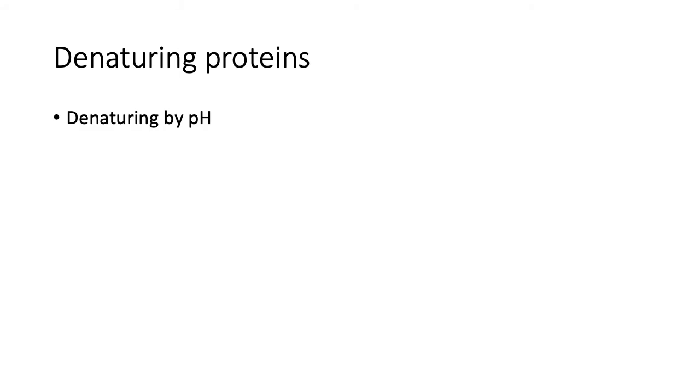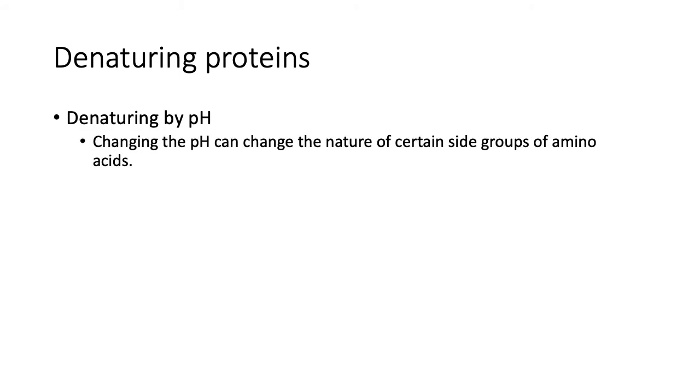You can also denature proteins by pH. Changes to pH change the nature of certain side groups of amino acids. Just like Zwitterions, how their carboxylic acid end and the amine end change the way they look at different pHs, side groups will also change how they look at different pHs.